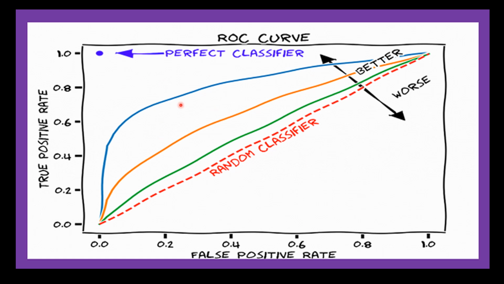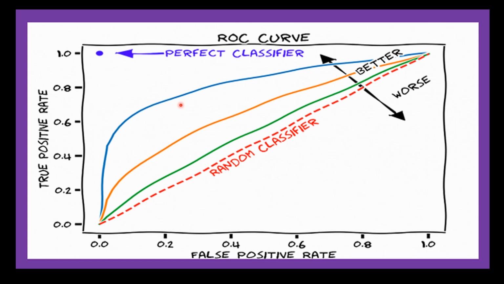A real life example: let us say you are building a spam detection system for emails. Your classifier can classify an email as either spam or non-spam. You want to see how well your classifier is doing in detecting spam emails.